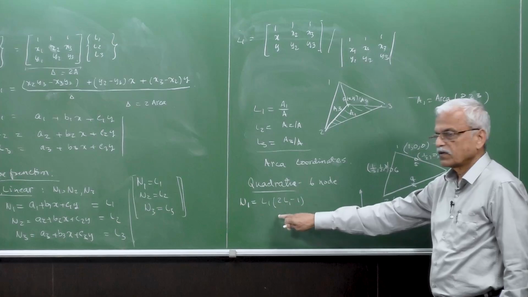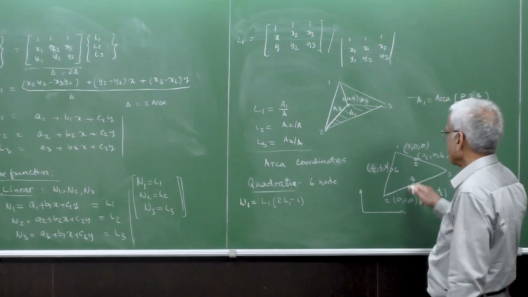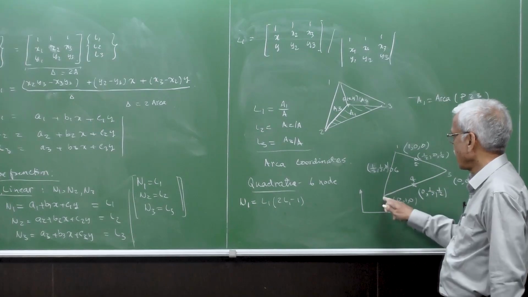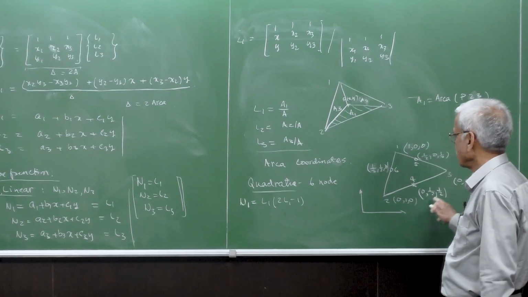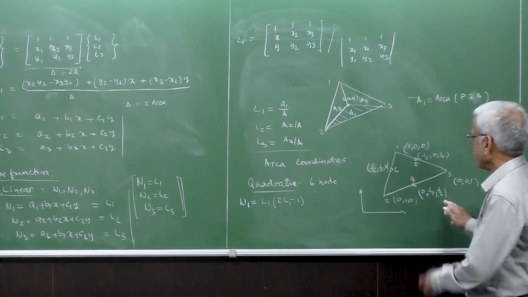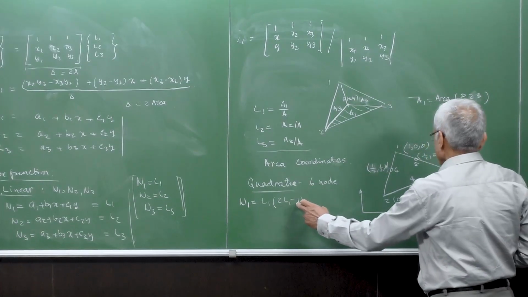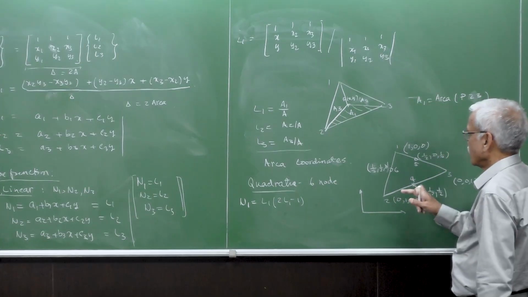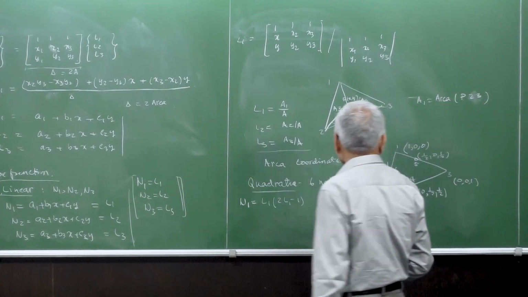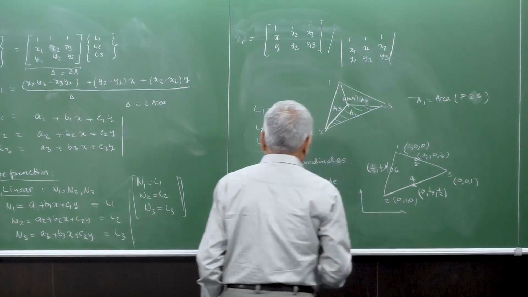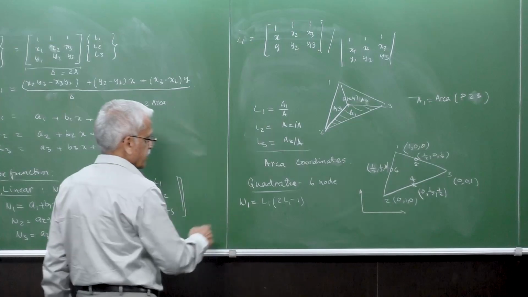If you put any other node, such as (0, 1, 0), where L1 is 0, it is 0. For nodes 4, 5, 6 also it is 0 except at node 1.